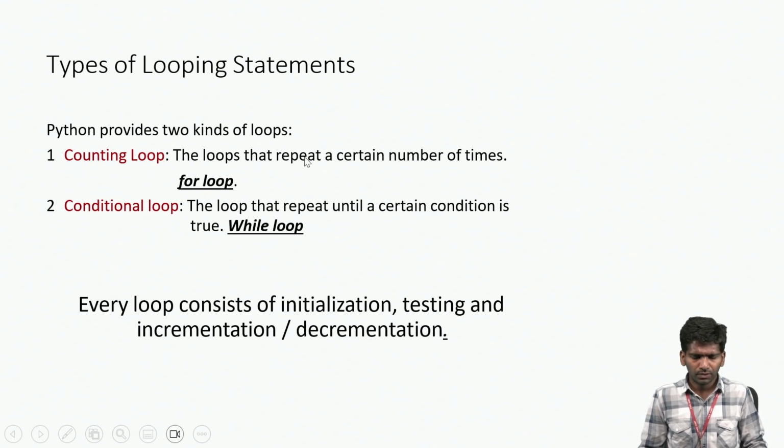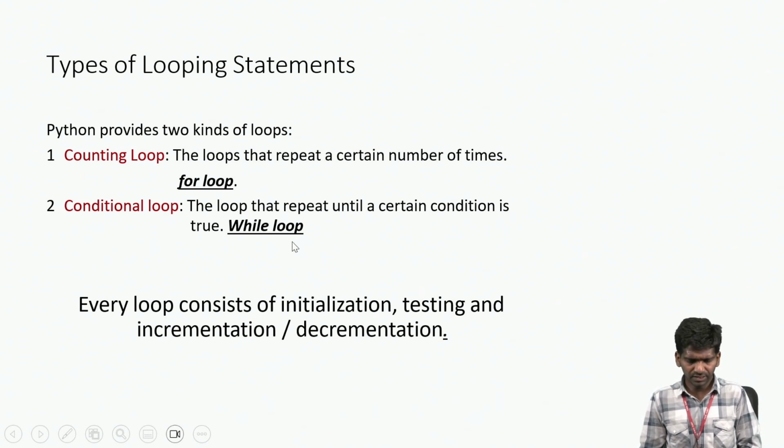If you know the loop will repeat a certain number of times, we go with for loop. When the loop repeats until a condition is satisfied, we go with while loop.